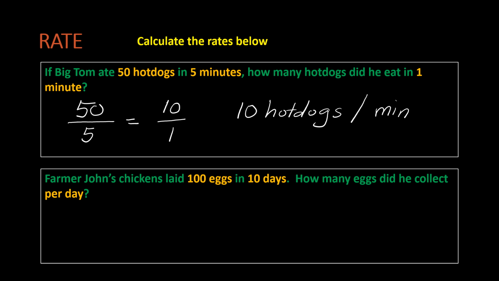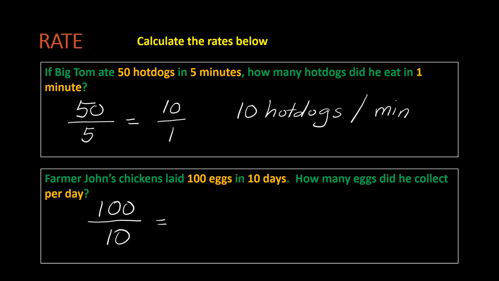Right. Let's look at the next question. Farmer John's chicken laid 100 eggs in 10 days. How many eggs did he collect per day? So it's the same thing. We know we want to find per day. So we'll put the eggs at the top, 100 eggs over 10 days.